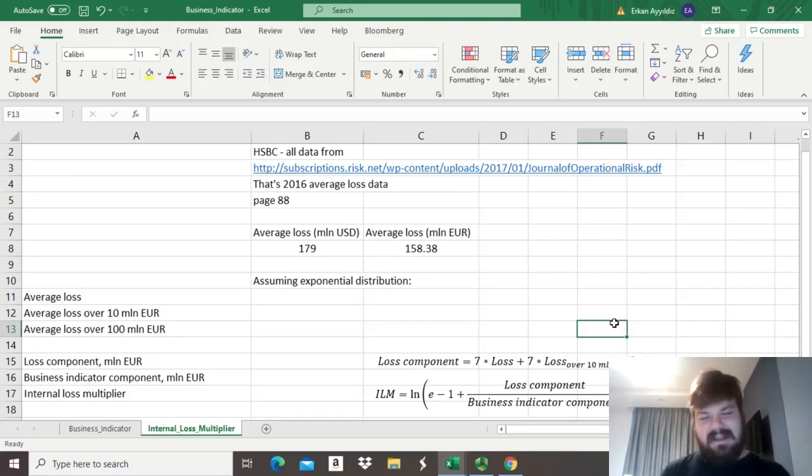And the handiest distribution to assume here would be the exponential distribution. First of all, it's plausible to think that losses follow an exponential distribution. There are a lot of small losses and few very large losses.